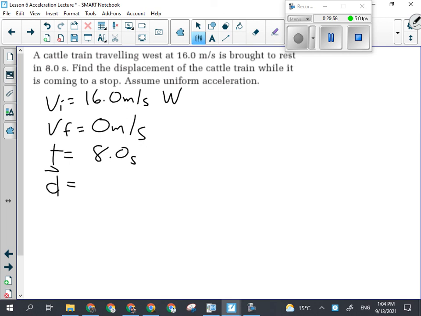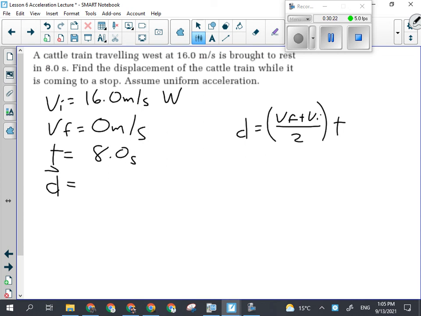And then there's these keywords. Assume uniform acceleration, which formula should I use here? Garrett? D equals VI plus VF divided by 2 times T. Yep, I should definitely use that formula.